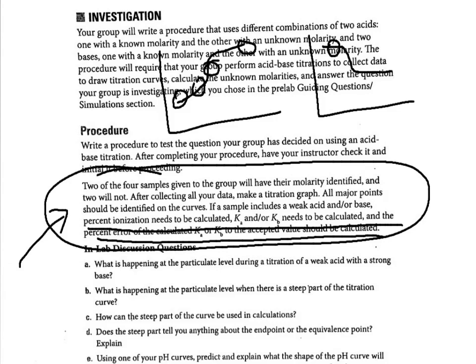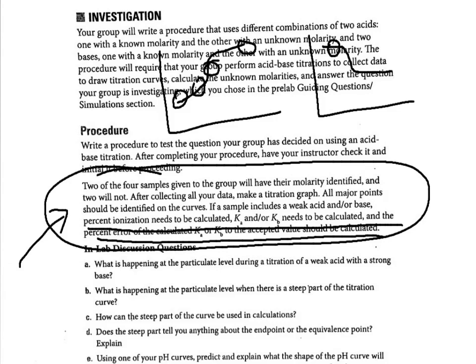So your claim evidence section, you're going to calculate the percent ionization. Okay, now you might have no idea how to do that. Okay, it's not all that difficult. What you need to figure out is at the equivalence point on your graph, this point right in the middle of your steep curve, you need to measure the pH based on your graph, the pH at that equivalence point. Okay, and then remember what the pH is actually telling you.